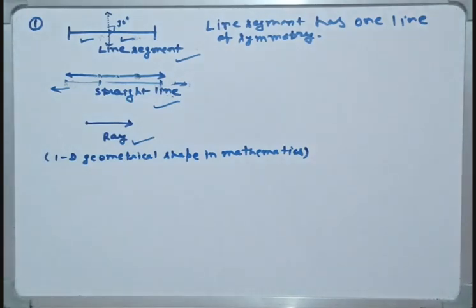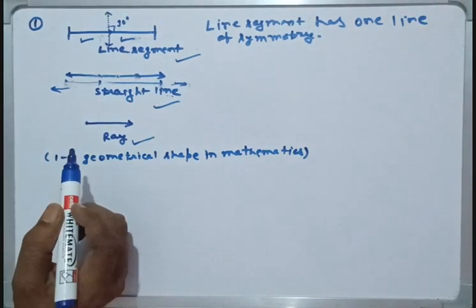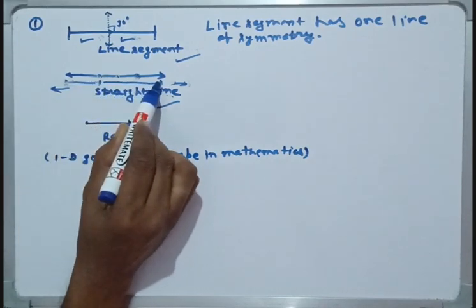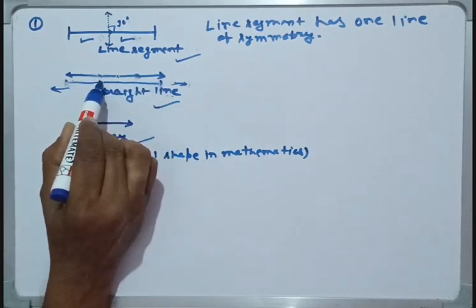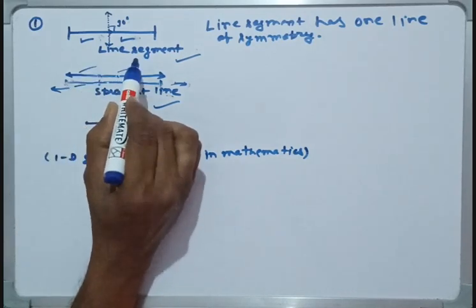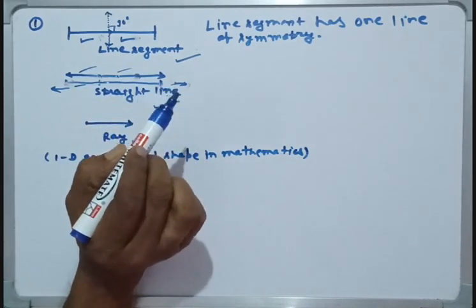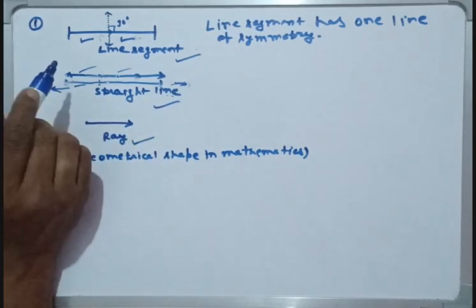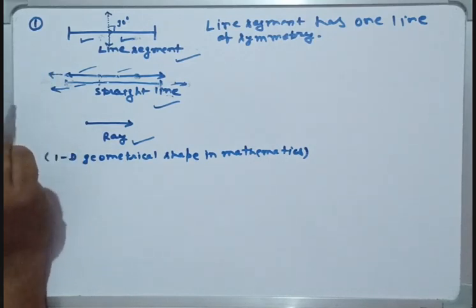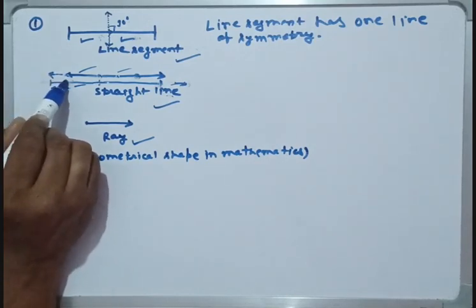Now physically when you see this one and this one, the length of this part and this part is not equal. However, it can be extended in this direction up to here also. Now see what happens.